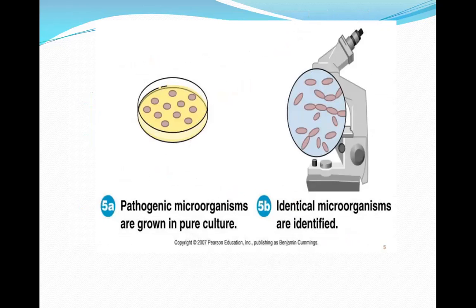You can see here, the pathogenic microorganisms are grown in pure culture, and identical microorganisms are identified. It means that in the dead animal and in the healthy animals, the pathogen is the same. That is the identical microorganism.